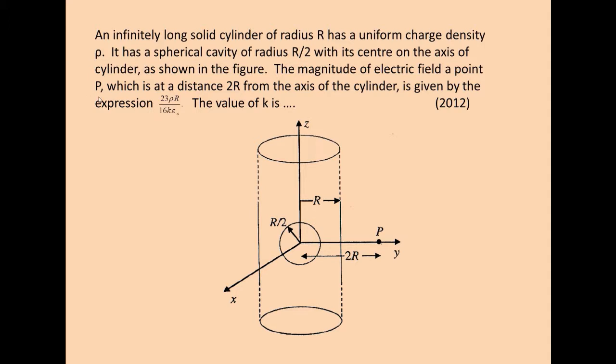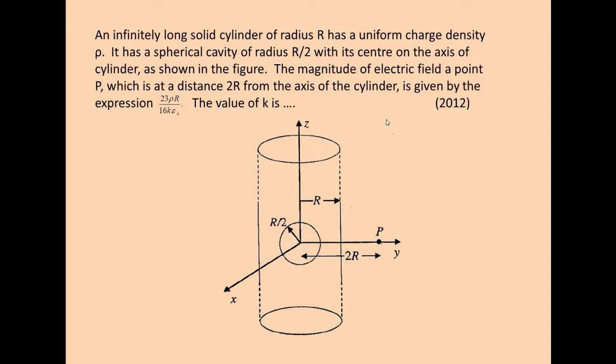The magnitude of electric field at point P, which is at a distance 2r from the axis of the cylinder, point P is here, is given by the expression 23 rho r divided by 16 k epsilon naught. The value of k is, right?